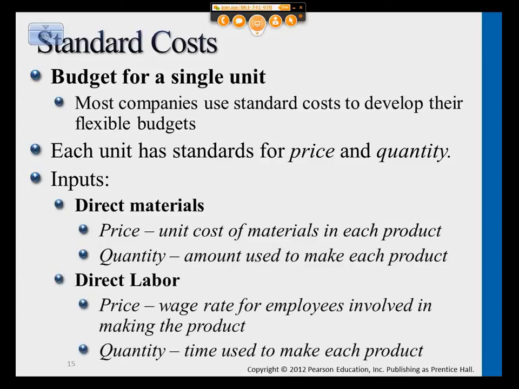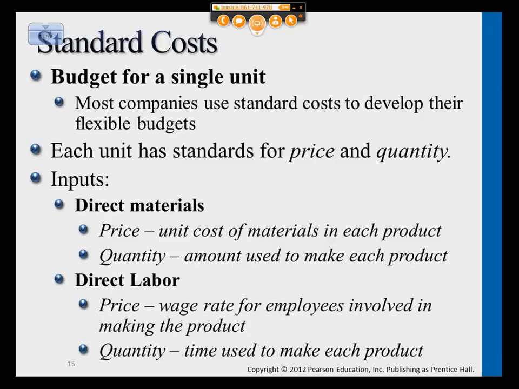It means the price is what it pays per unit for materials in each unit produced, and also the amount of materials for making that unit produced, okay? So each unit has 2 factors, price and quantity, and the inputs we're going to be using are direct materials and direct labor.